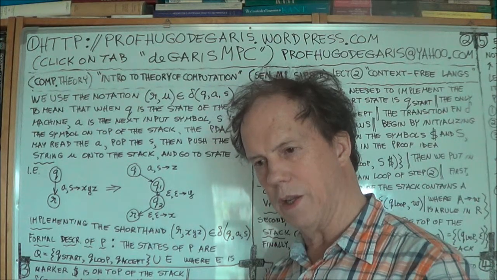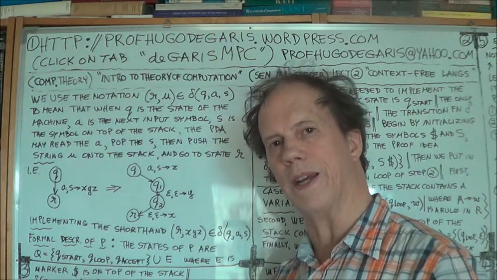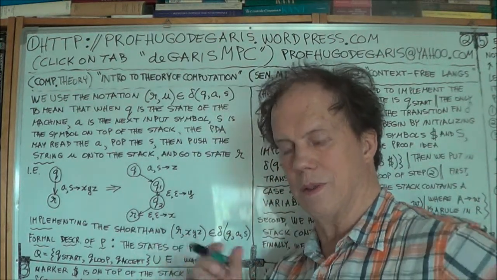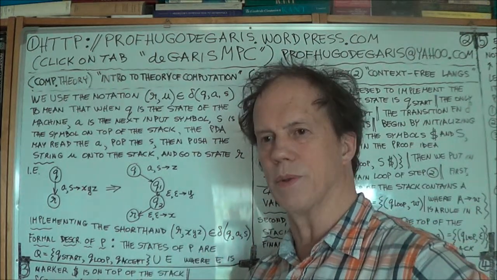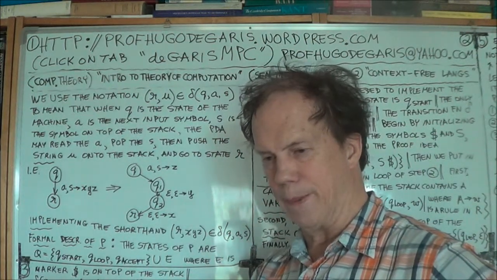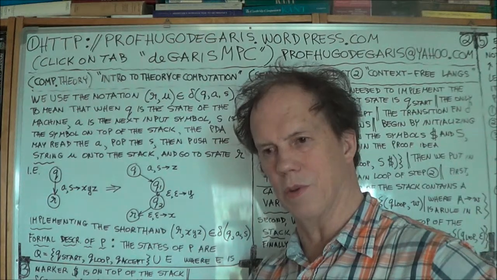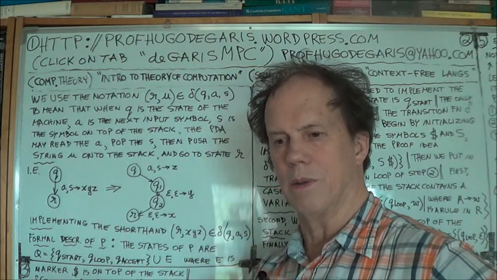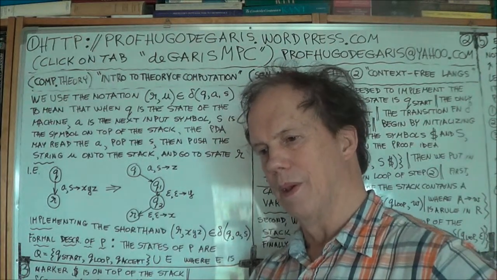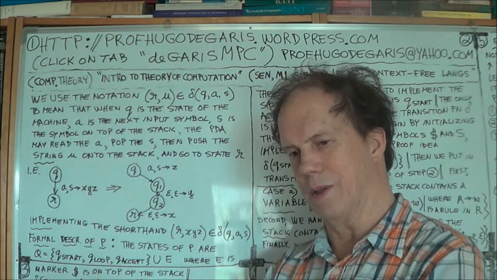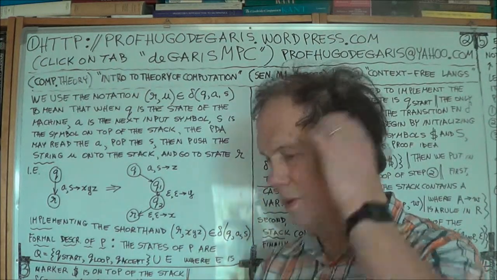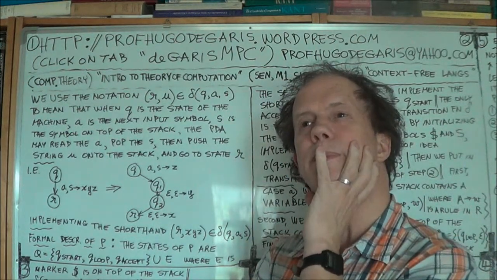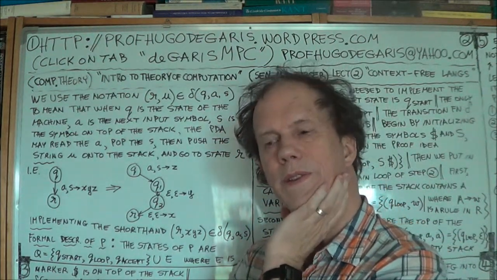We were creating a new notation, a kind of shorthand, which is very convenient, that allowed you to modify your transition rules in such a way, a kind of shorthand transition rule, that would allow you to write a whole string onto the stack. And then we expanded that shorthand transition rule into the corresponding transition from one state to another state.